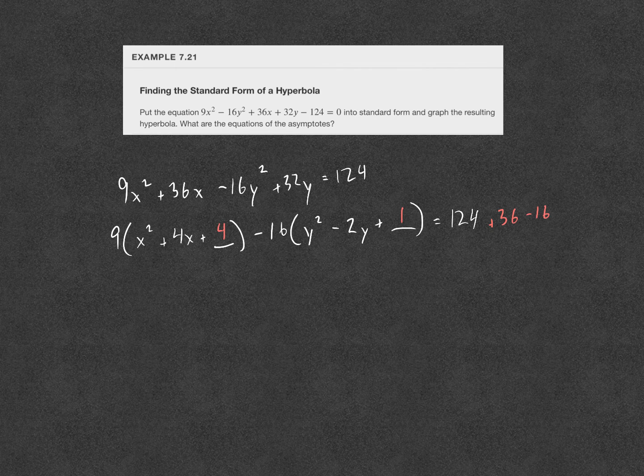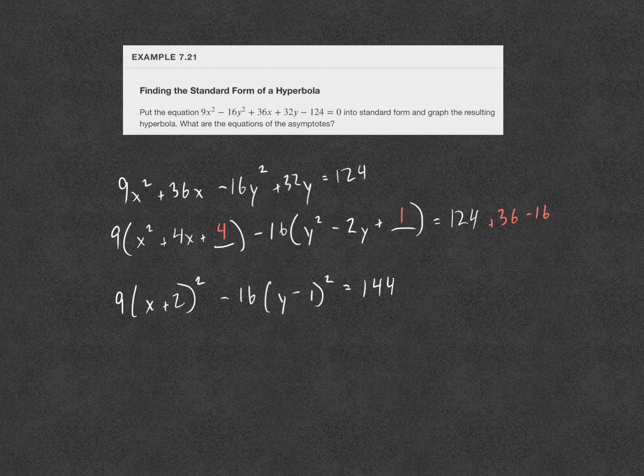Now we can complete our square. Our squares: 9 times x plus 2, that quantity squared, minus 16 times y minus 1, that quantity squared, equals 124 plus 36 minus 16. Sounds like it should be 144.